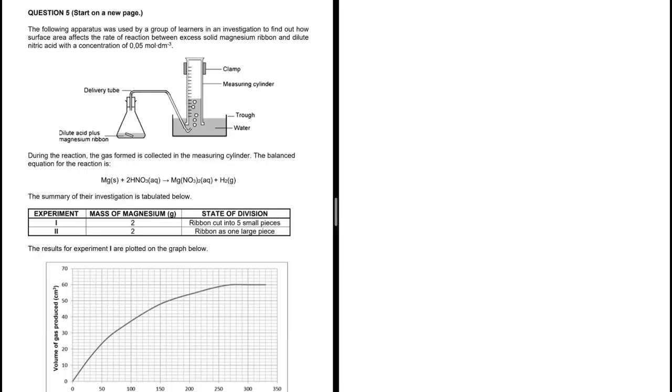So not much of that magnesium was used. So the mass of magnesium that remains will be equals to the mass of magnesium that we started with, 2 grams, minus that which was used, 0.06. So we end up having the mass of magnesium that remains being equals to 1.94 grams. There we go.